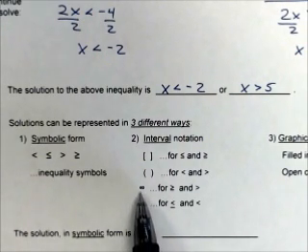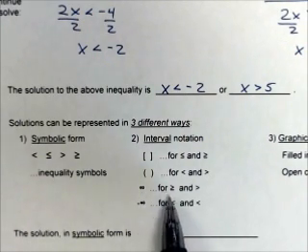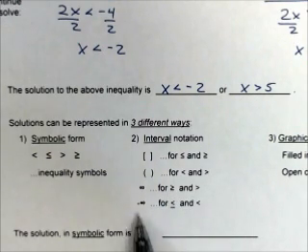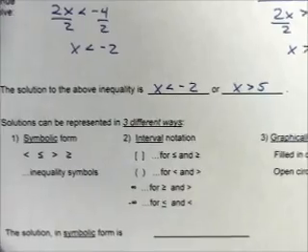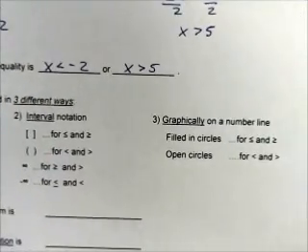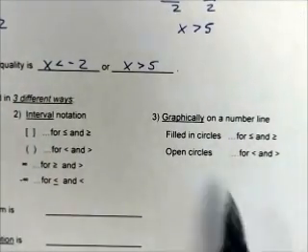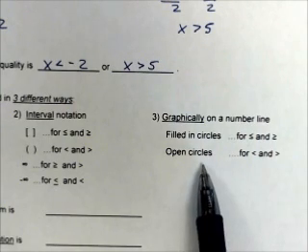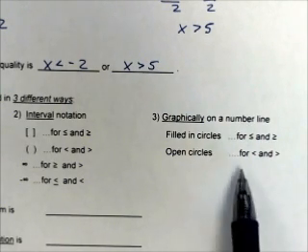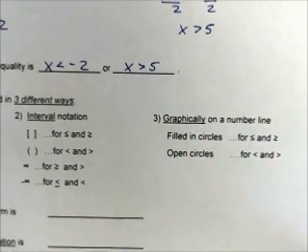And then infinity for greater than or equal to and greater than, and negative infinity for less than or equal to and less than. And the third way is graphically on a number line. Filled in circles for the equal to part, less than or equal to, greater than or equal to, and open circles for simply less than or greater than.